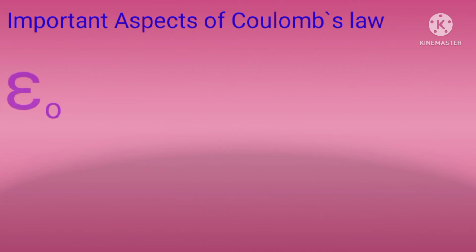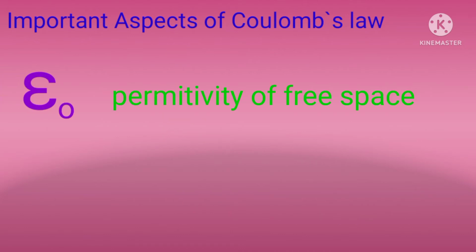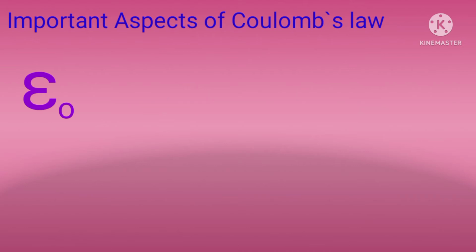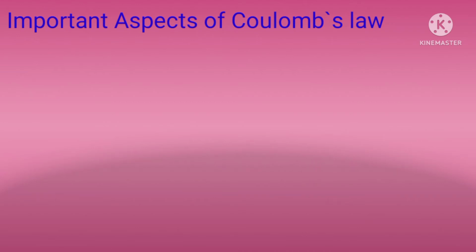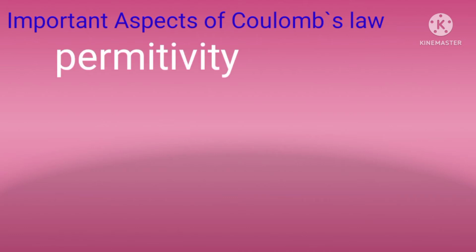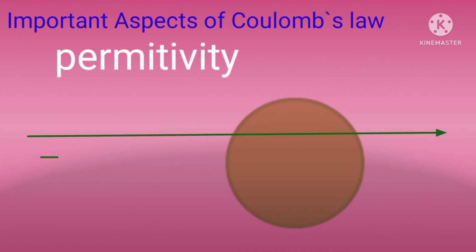Here epsilon 0 is the permittivity of free space or vacuum, and the value of epsilon 0 is equal to 8.85 into 10 power minus 12 Coulomb square Newton inverse meter power minus 2. Now you have to understand one thing. What is permittivity? Permittivity is the ability of a medium to permit flux lines to pass through it.